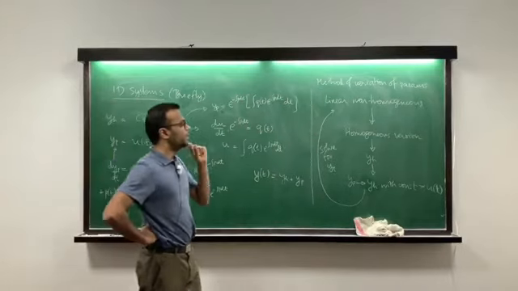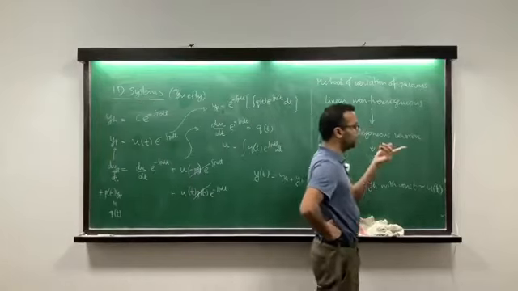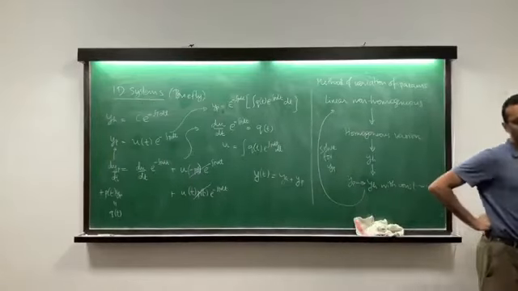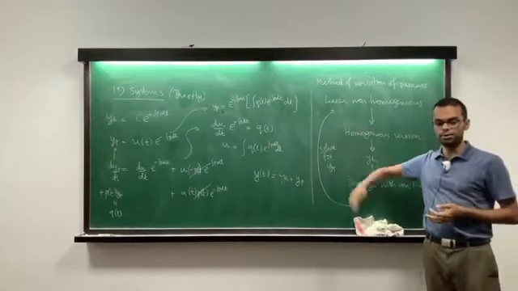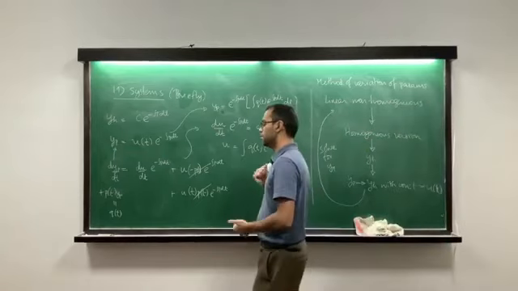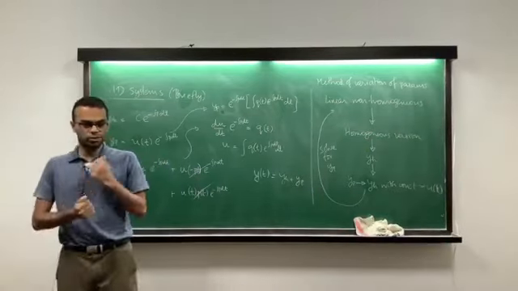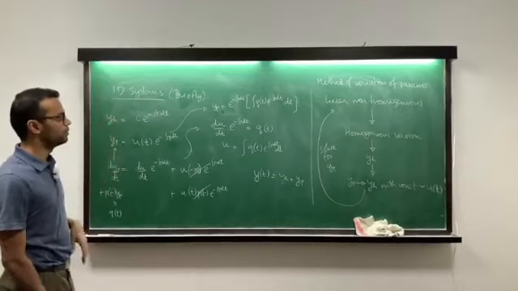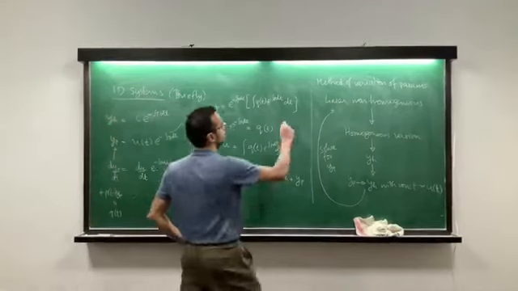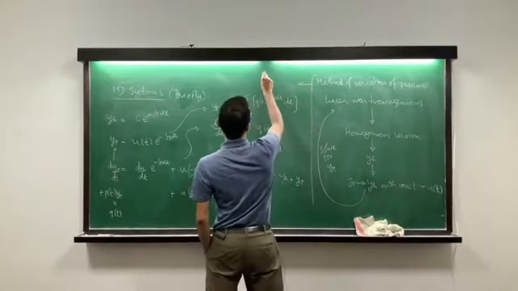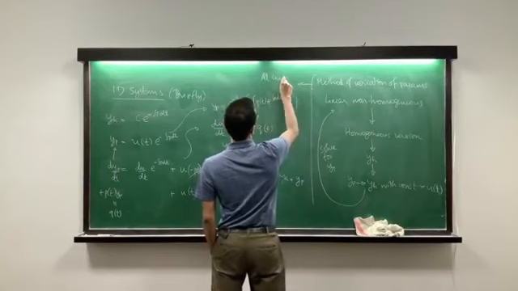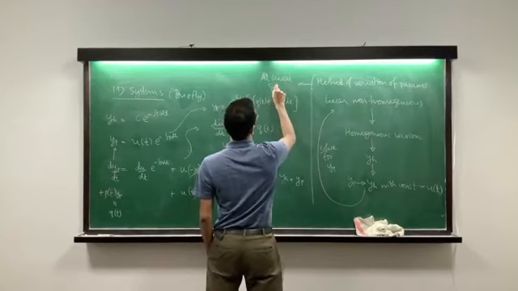You will see that when you come to second order equations, if you have a second order non-homogeneous equation, you can easily use this to generate a solution for the second order equation. Okay, so it's an important property of linear systems. So it applies to all systems.